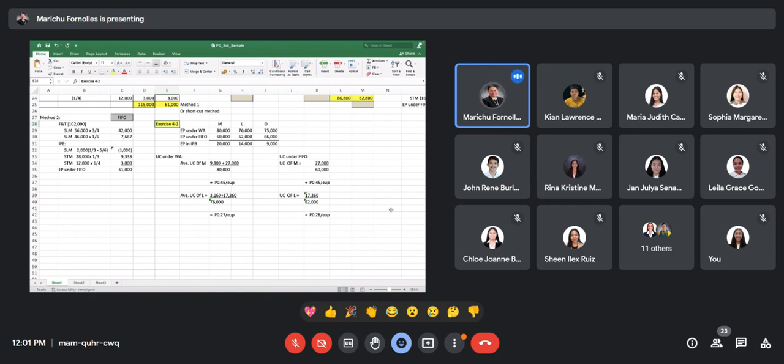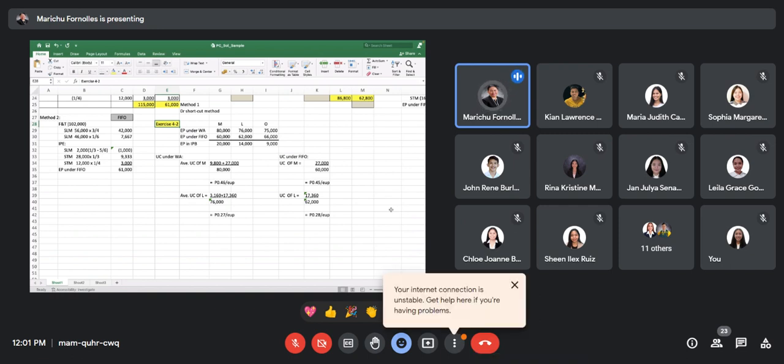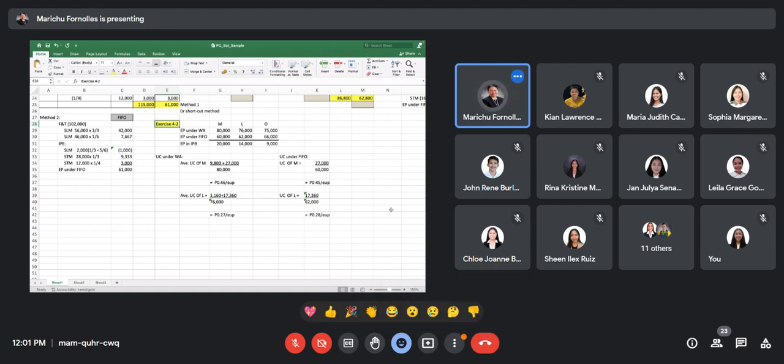To get the unit cost of overhead under first in, first out, it would be overhead cost this month 42,240 divided by EUP for overhead under first in, first out 66,000 equals 0.64 per equivalent unit produced. So is that clear?